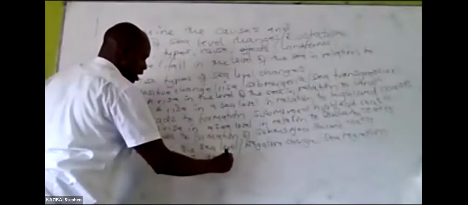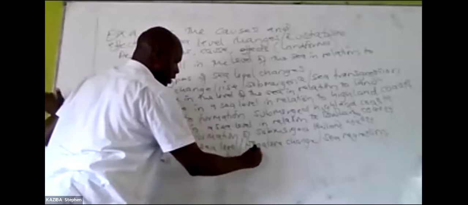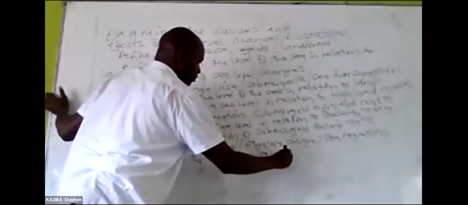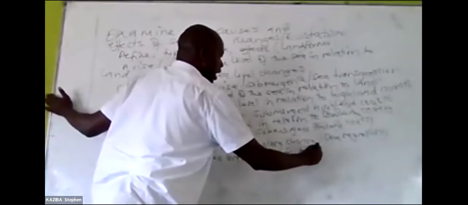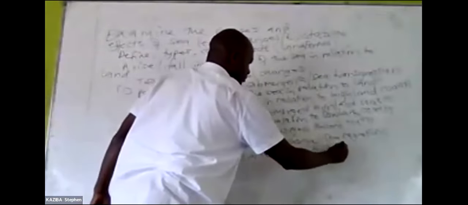Then, a fall in the sea level, or negative change, or sea regression. Now, the same thing. A fall in the sea level in relation to highland coasts.